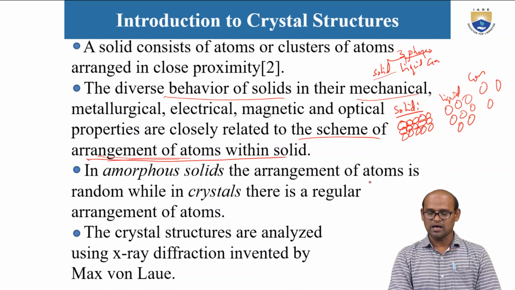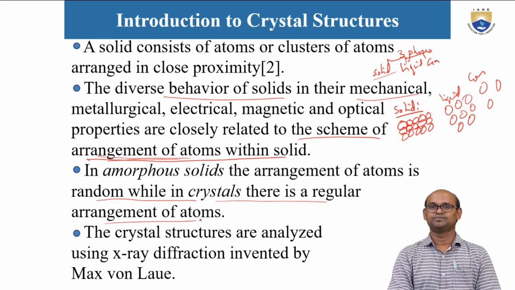In amorphous solids, the arrangement of atoms is random, while in crystals, there is a regular arrangement of atoms.